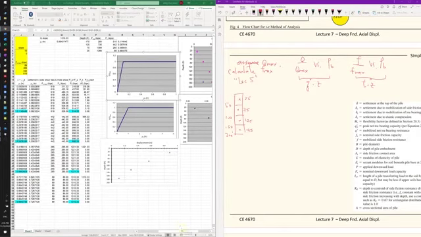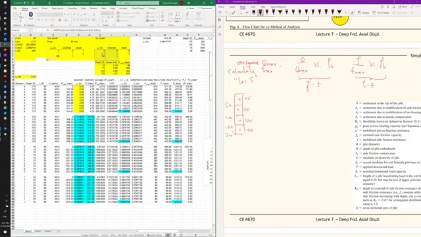Anyway, we have already calculated the Q max for the curve here. This is the Q max, 95 kips, and we know the diameter is 36 inches.